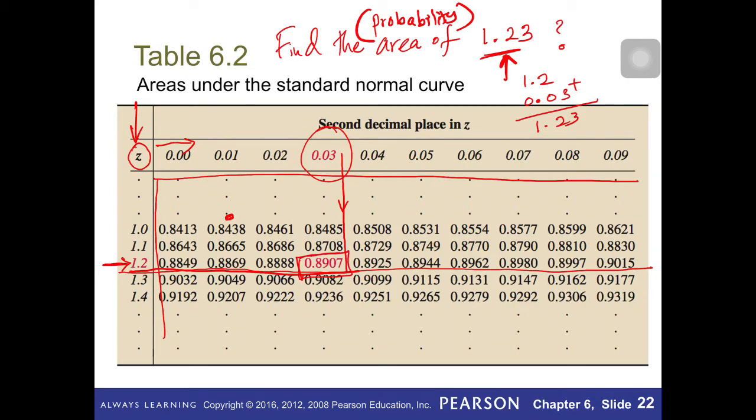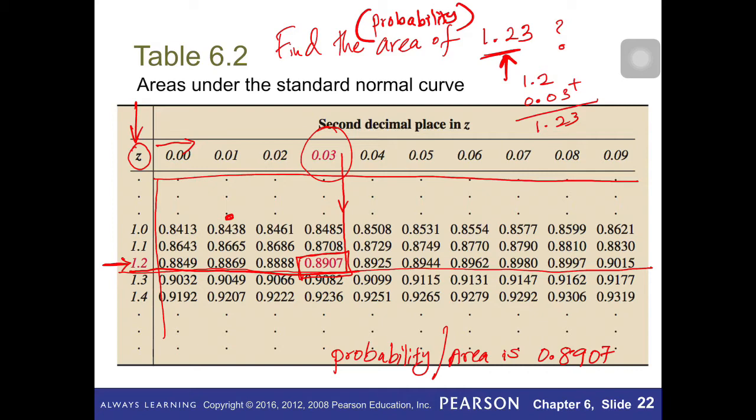So your probability, or area, is 0.8907. That's how we find the area, or the probability, for a given value.